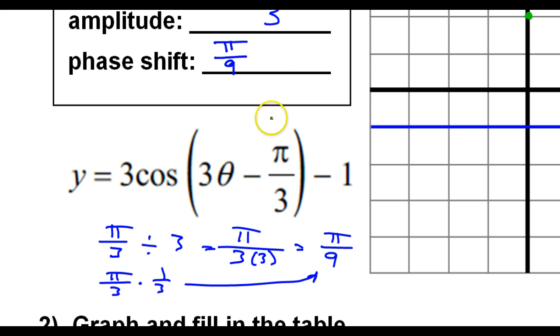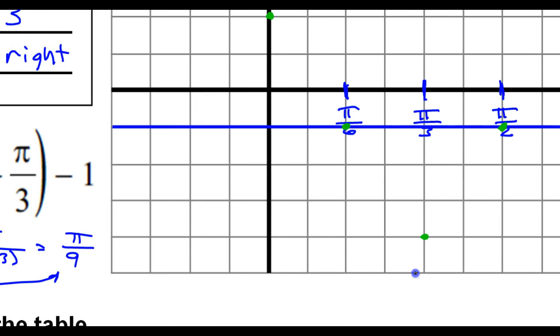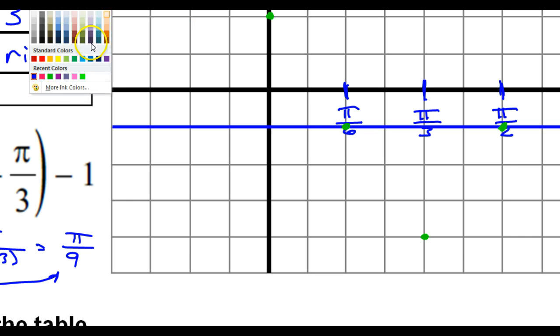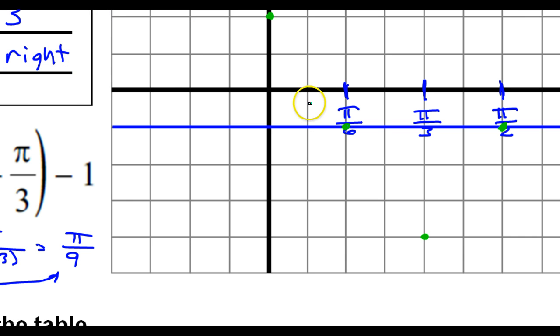So it's going to be pi over 9 to the right. Now my job is to figure out where pi over 9 is on this picture. It will help you to think about the fact that right here would be half of pi over 6, which is pi over 12.